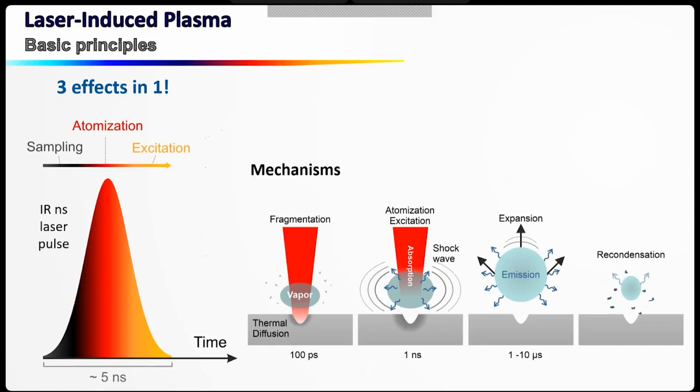You also have a little bit of thermal diffusion in the matrix. And then the rest of the pulse will interact with the ablated matter and will heat it. And the step that will be interesting for us is the cooling down, the relaxation of this plasma, that occurs in the range of 1 microsecond after the laser impact.